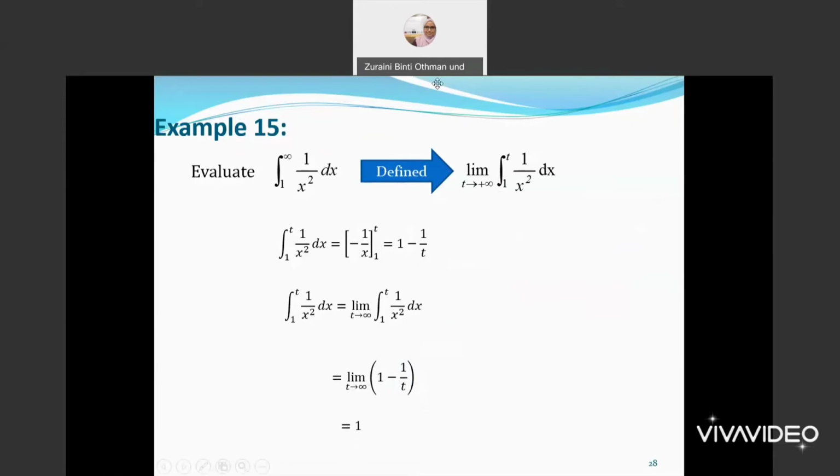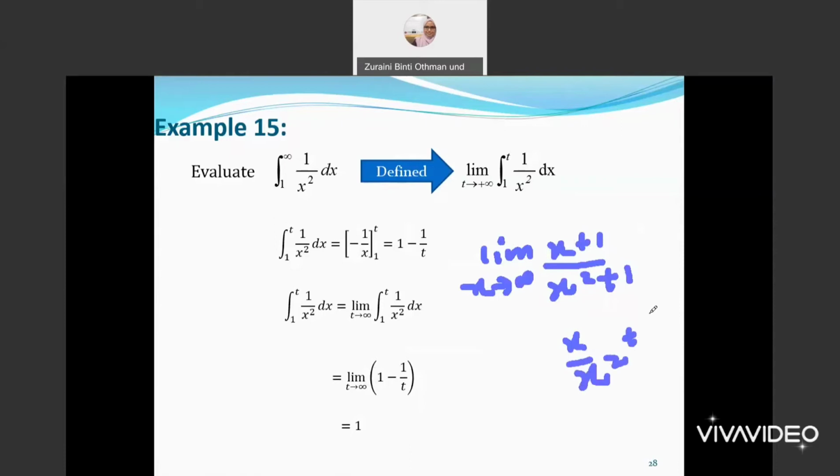Okay, ingat lagi tak yang dulu yang kita buat limit tu, kalau kita ada x per x kuasa 2 campur 1, limit kat sini ialah x menghampiri infinity. Kalau di dalam bentuk macam ni kan kita buat x per x kuasa 2 campur 1 per x kuasa 2 bahagi dengan x kuasa 2 per x kuasa 2 campur 1 per x kuasa 2.